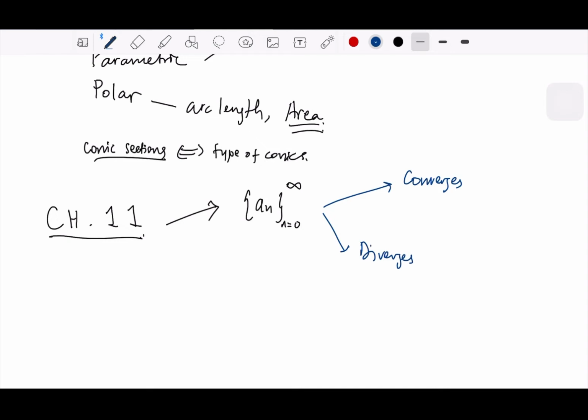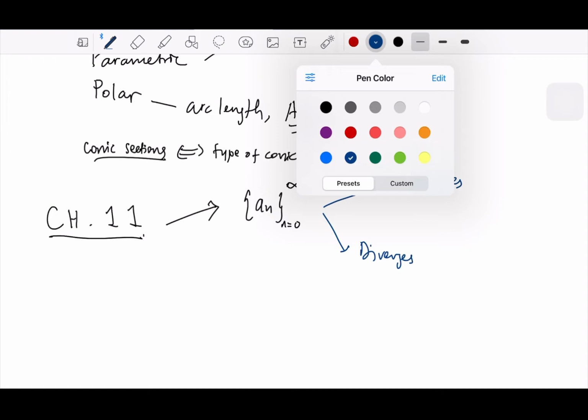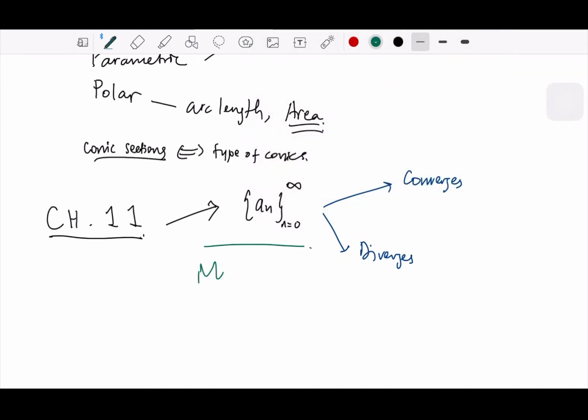And then based on the definitions, we need to have a monotonic sequence, bounded, and we know that this will converge.